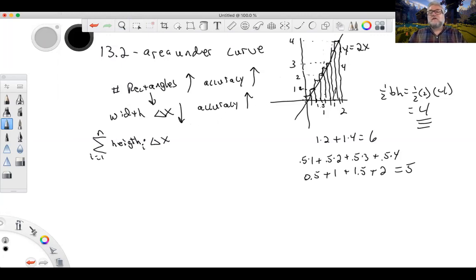Kind of ironic, right? So we want to add up all of these rectangles to get the area under the curve. And we do it by measuring the height of the rectangle times the width. And this will give us the area.